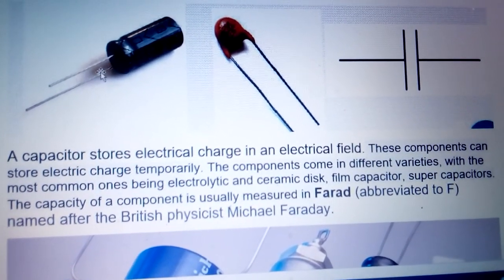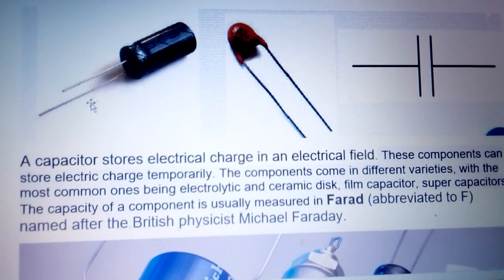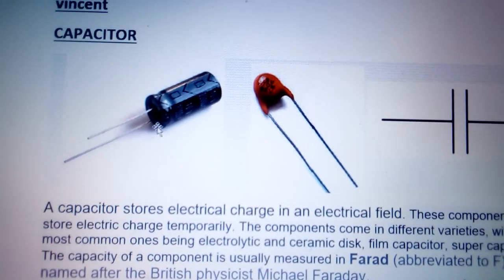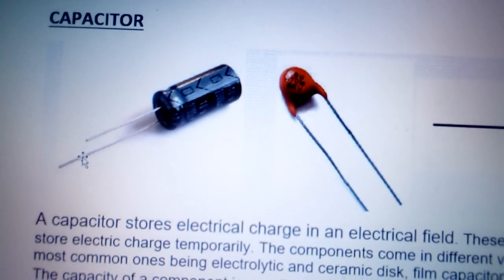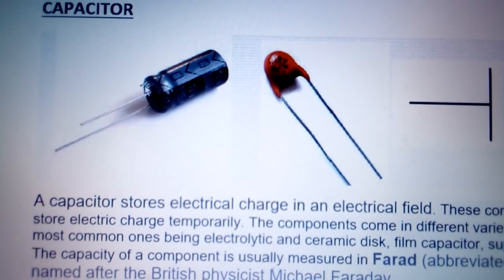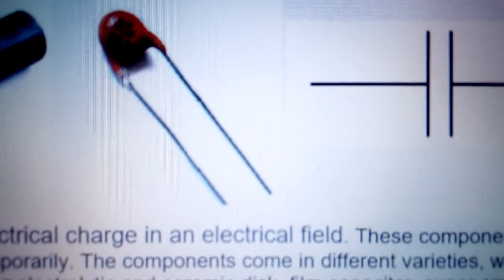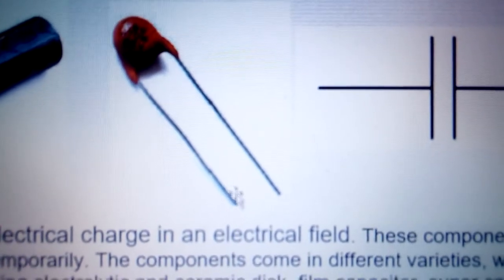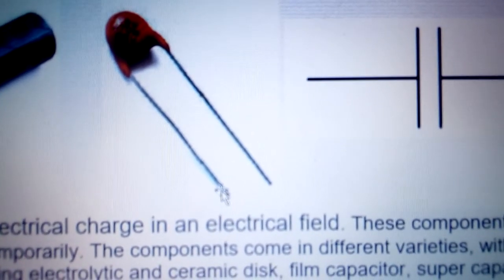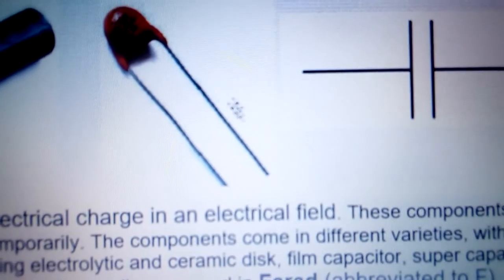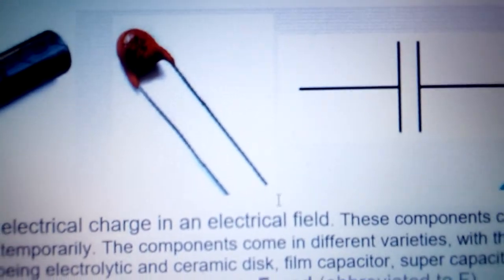The longer pin, for example this one, for this electrolytic capacitor, is the anode, and the shorter one is the cathode. For this ceramic capacitor, this shorter one is called the cathode, that's the negative side, and the longer one, that's the positive side.